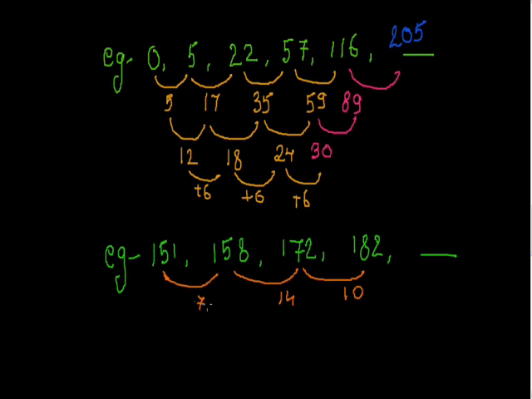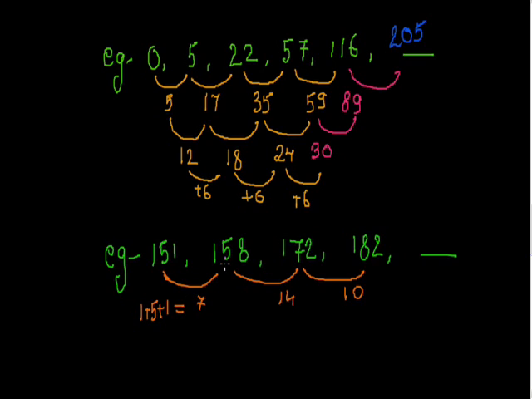First, 7. Seven is the result when we add the digits of this 151, that is 1 plus 5 plus 1. We will get the result 7.